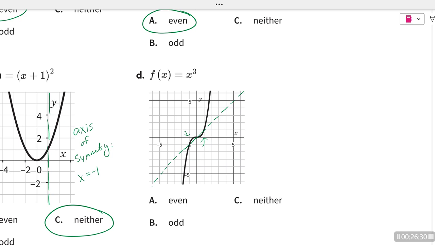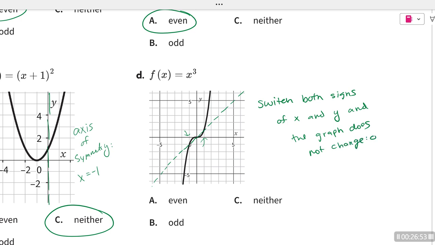So if we switch the sign of both x and y, the graph does not change. That makes this odd.